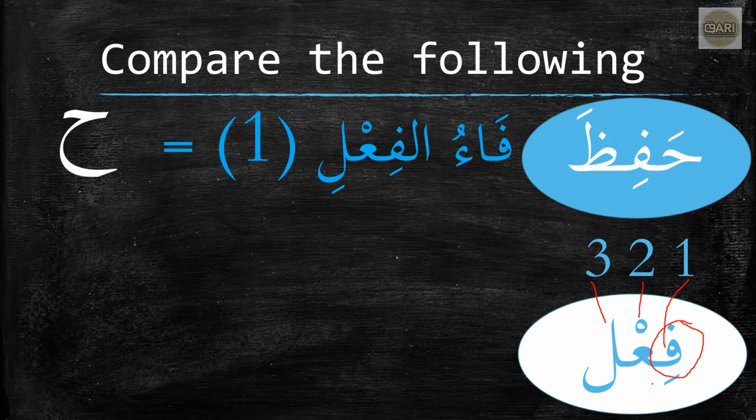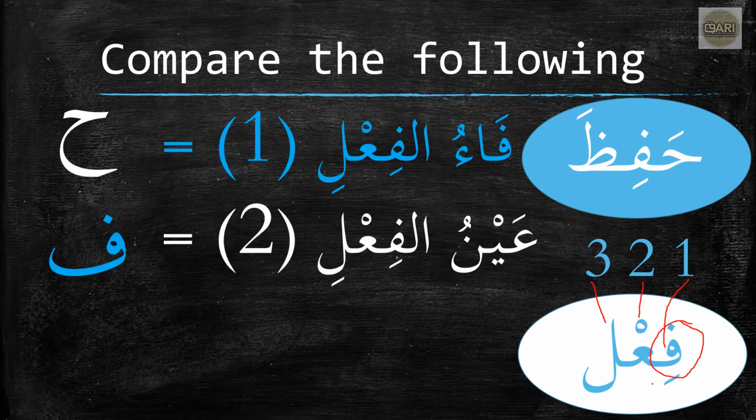Now, if fa refers to the first letter of the verb, what do you think refers to the second letter of the verb? Well, let's go back to our word fi'l, which means verb. The first letter was fa. What is the second letter? Ain. So the second letter of a trilateral root verb is referred to as what? The ainul fi'l.